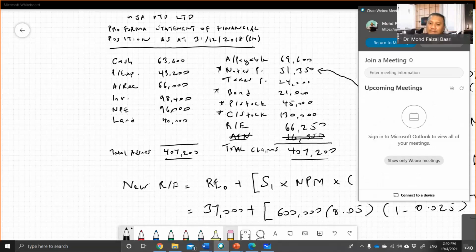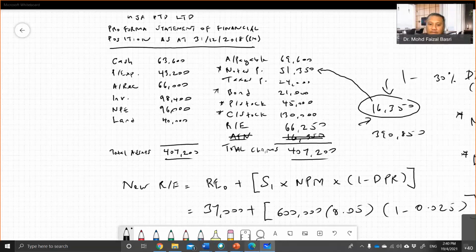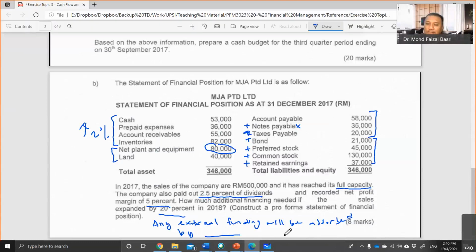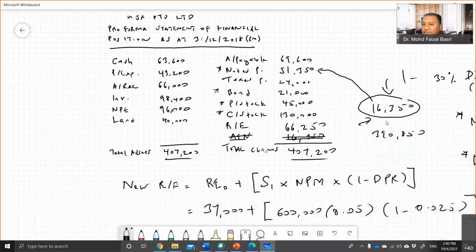Okay, I gave an example just now. I give an example if any external funding will be absorbed by notes payable. So therefore, we're going to increase notes payable by the AFN value. Like this. It can be bond as well. So if it's absorbed by bond, for example, you're going to transfer this amount to bond. So look at the question.